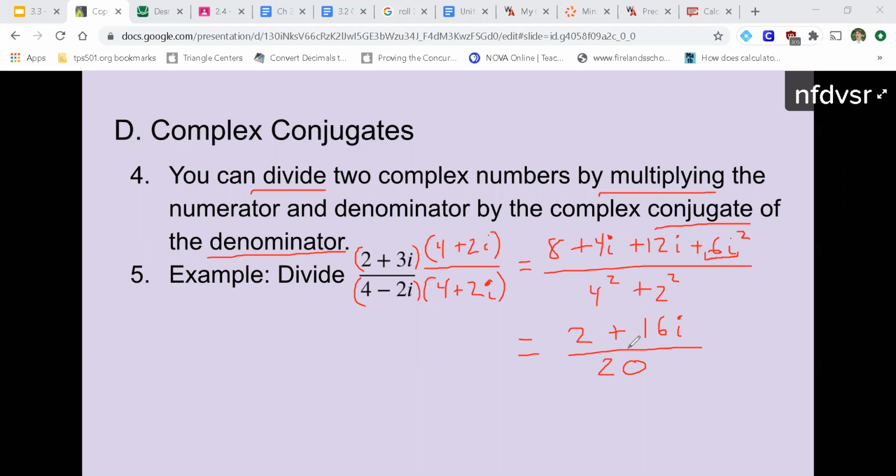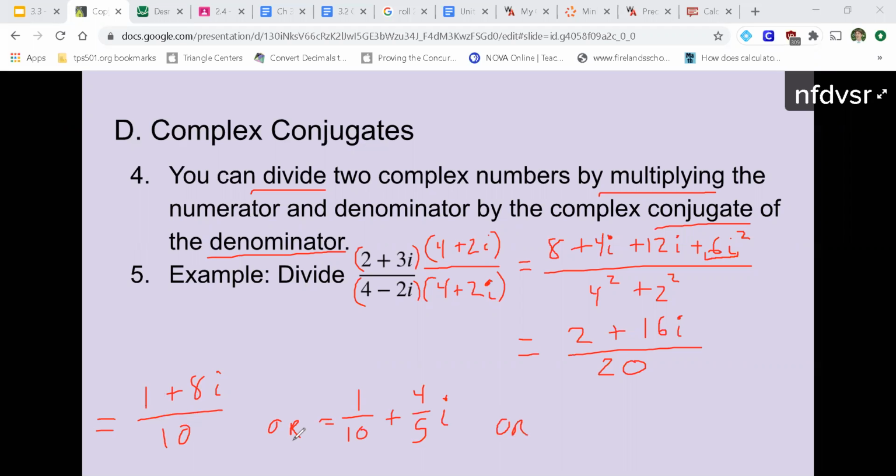So there are actually 3 ways I would accept the answer to this problem. I would accept 1 plus 8i over 10. That's fine. Or if you went one step further and said that this was 1/10 plus, now I wouldn't do 8/10, I'd do 4/5 i, that would be fine. So if I went ahead and did the division, that'd be okay.